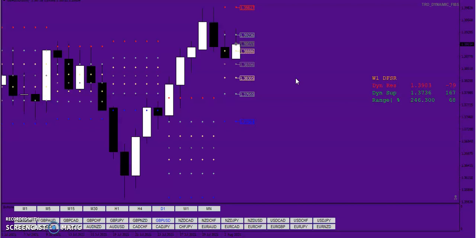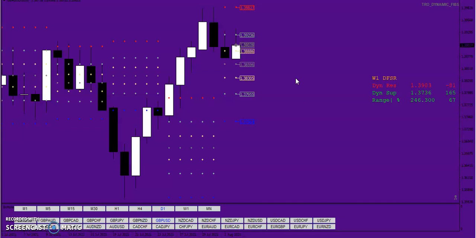Fibonacci is basically based on the Fibonacci number series, which is where you add the last two numbers in a series. So 1 plus 1 is 2, then 1 plus 2 is 3, 2 plus 3 is 5, 3 plus 5 is 8, 5 plus 8 is 13, and so on.